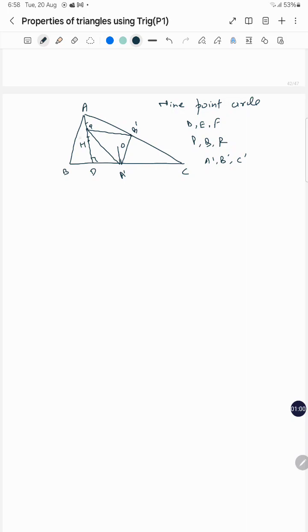So A prime B prime is parallel to AB. So this angle is angle A, and P is the midpoint of AH and B prime is the midpoint of AC. So PB prime is parallel to CH.